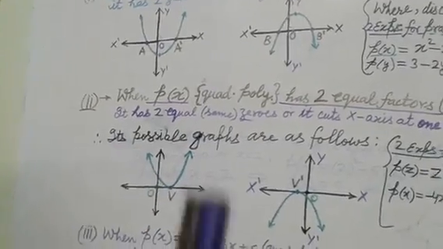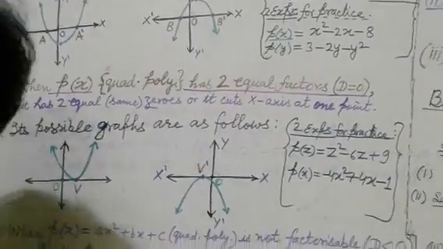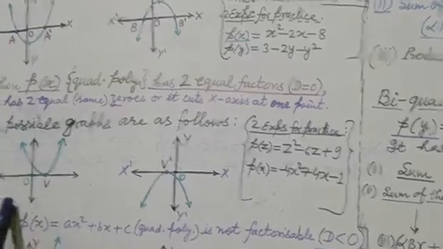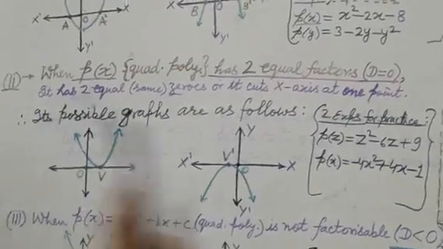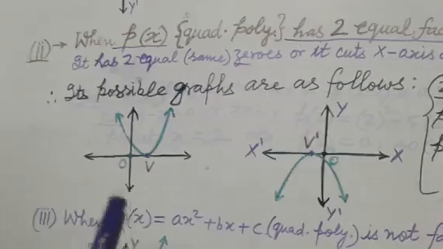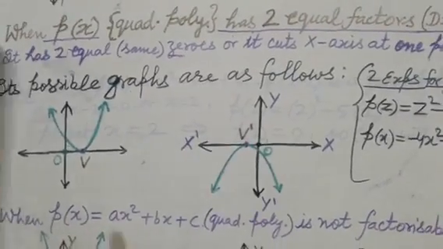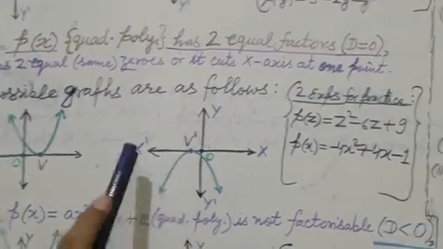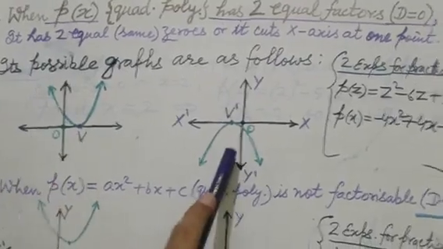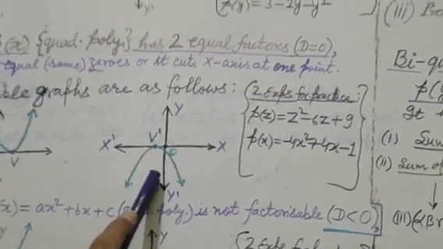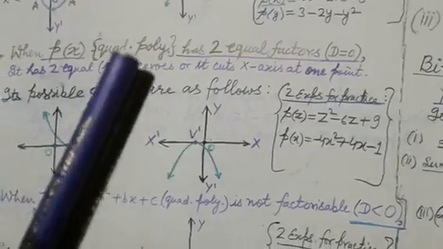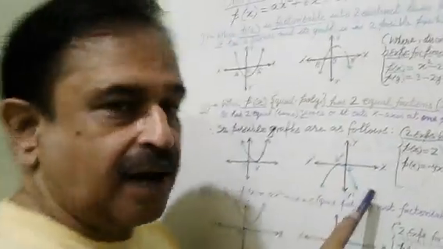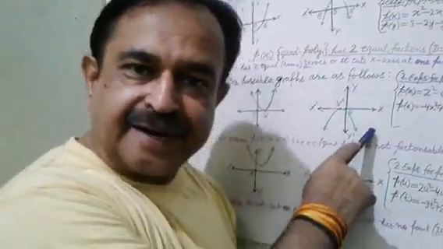Its possible graphs are as follows. First figure is this and second is this. You can see clearly it cuts the x-axis at a single point. So it has one zero according to the graph. Is that clear?